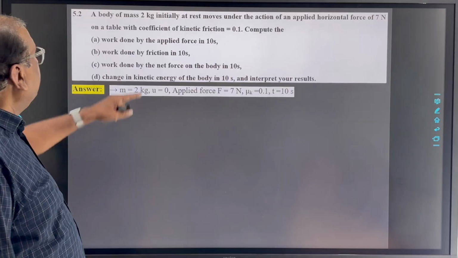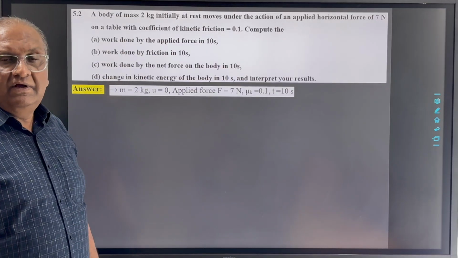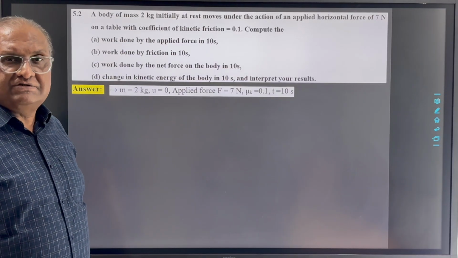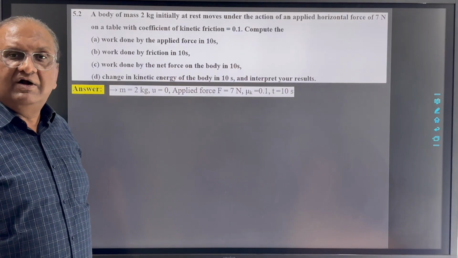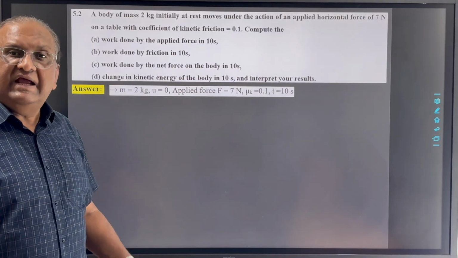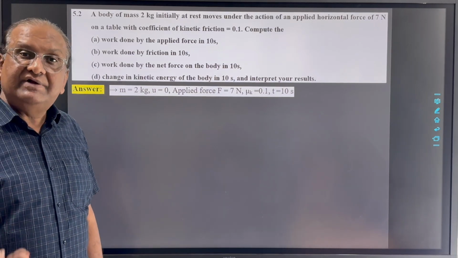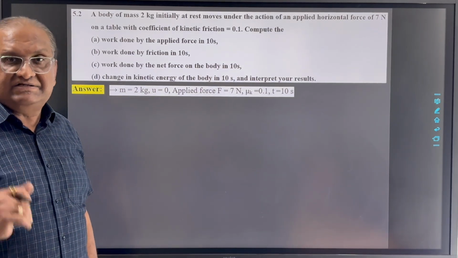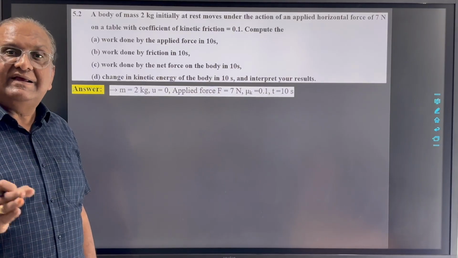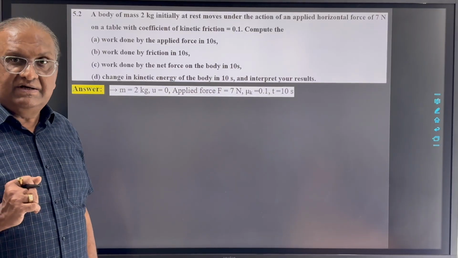Now here friction is also there. So we have to calculate the frictional force, the applied force that is given to you, and the net force. Then after that we have to calculate acceleration, because using that we can calculate the displacement. Okay.